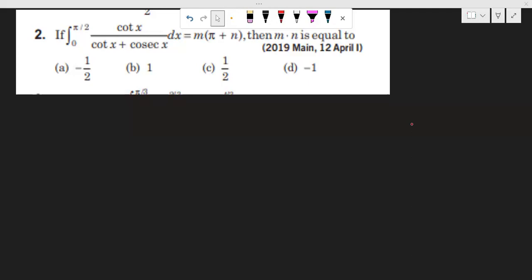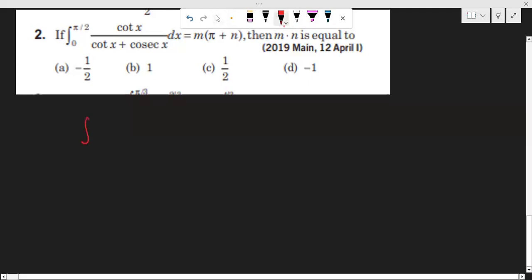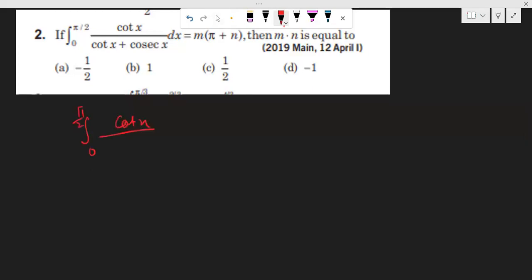So we have the integral from 0 to pi over 2 of cot x over cosec x plus cot x dx equals m times pi plus n.